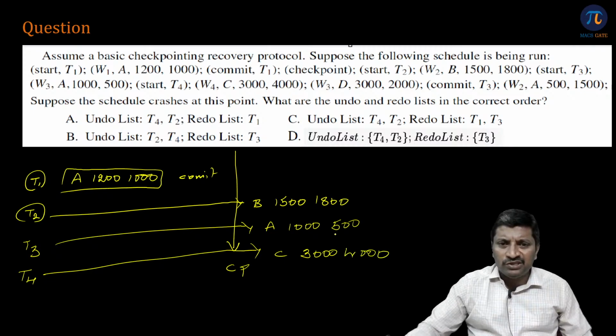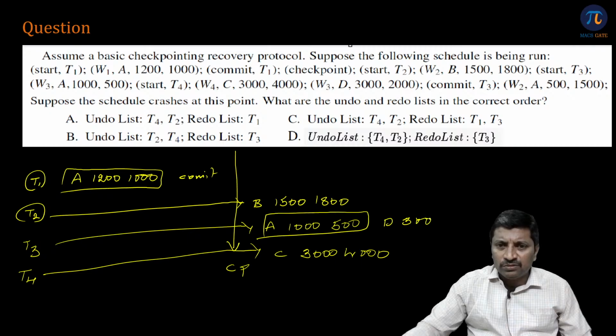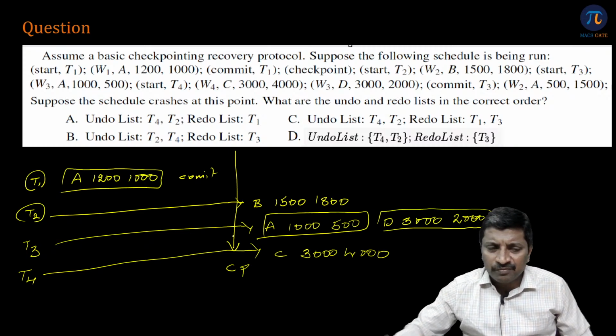Then T3 has one more operation, D 3000 to 2000. Any commit, sir? This was committed.